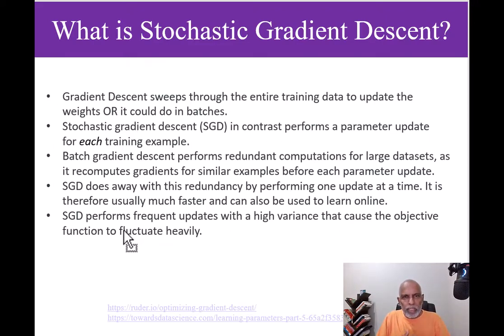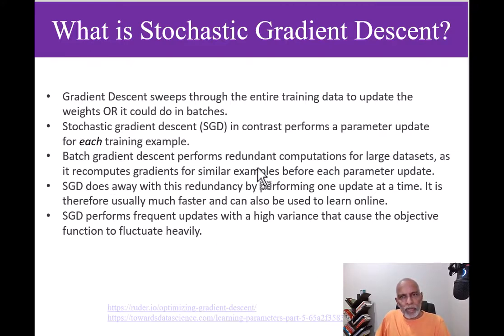What stochastic gradient descent helps us with is as follows. It performs a parameter update for each training example, but it can take just a random sample. It takes a random subset of the sample data that we have for model building, and then does the gradient descent calculation for each training example, but only for a sample of observations, not for every observation.